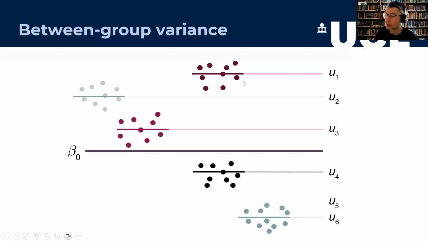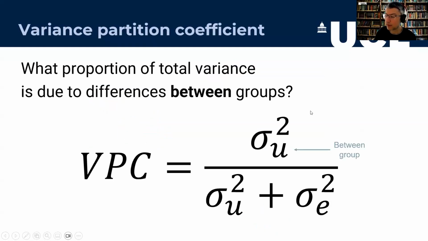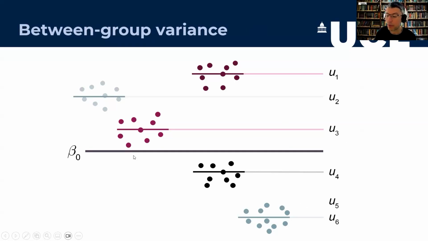But effectively, now we can calculate how much variation there is between these clusters compared to the overall level. So I'm going to say it again. We can calculate how much variation there is here among all of these clusters compared to the overall level beta 0.